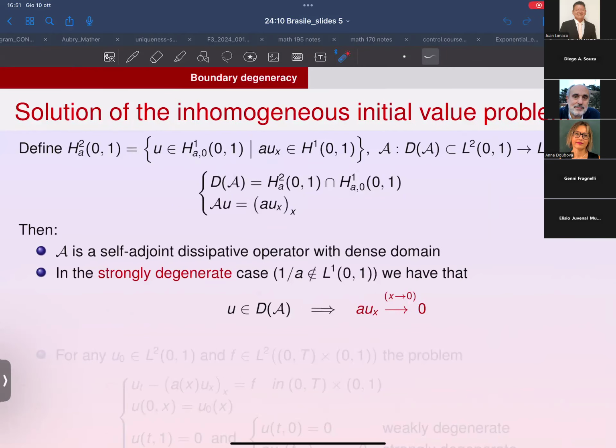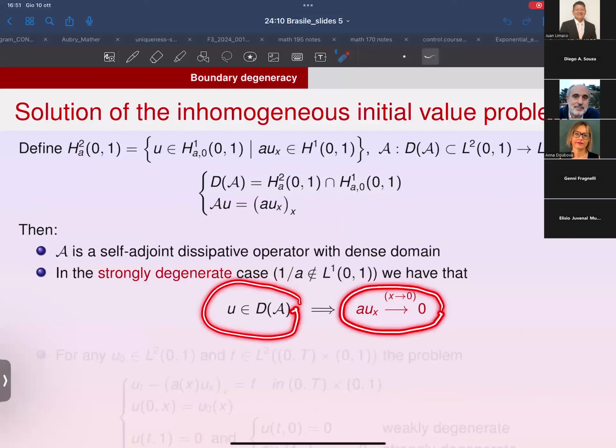And this defines a self-adjoint dissipative operator with dense domain. In the strongly degenerate case, as I recalled before, elements in the domain must satisfy the generalized, homogeneous Neumann boundary condition at the degeneracy point.